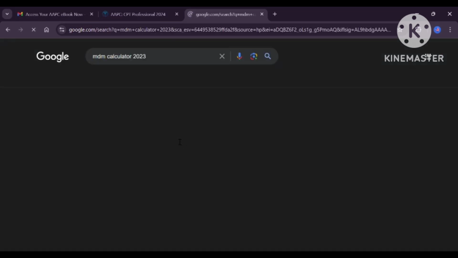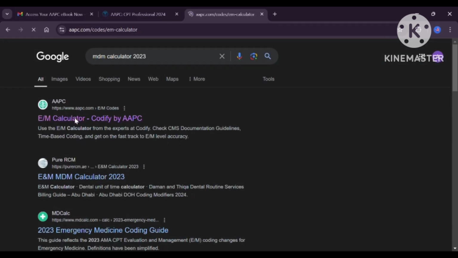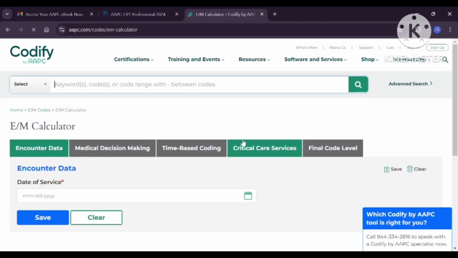It is available on the AAPC website itself. It is called the E/M calculator or MDM calculator. In the CPC exam also, you will get this E/M calculator on the right-hand side of the exam screen. So whenever you are not able to find out the level of MDM, you can use this E/M calculator to find it out.